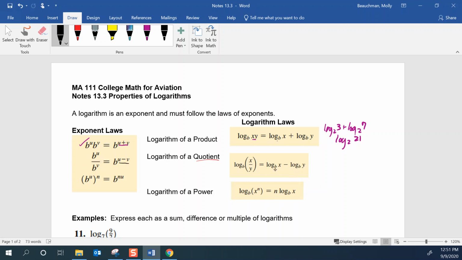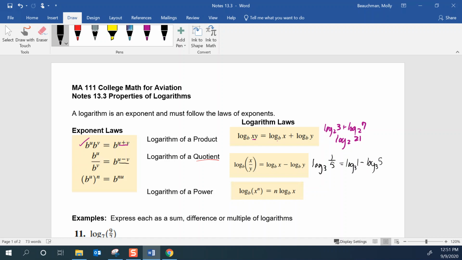When we're dividing, we subtract the exponents. So an example is if we have the log base 3 of 1/5, we can rewrite that as the log base 3 of 1 minus the log base 3 of 5.